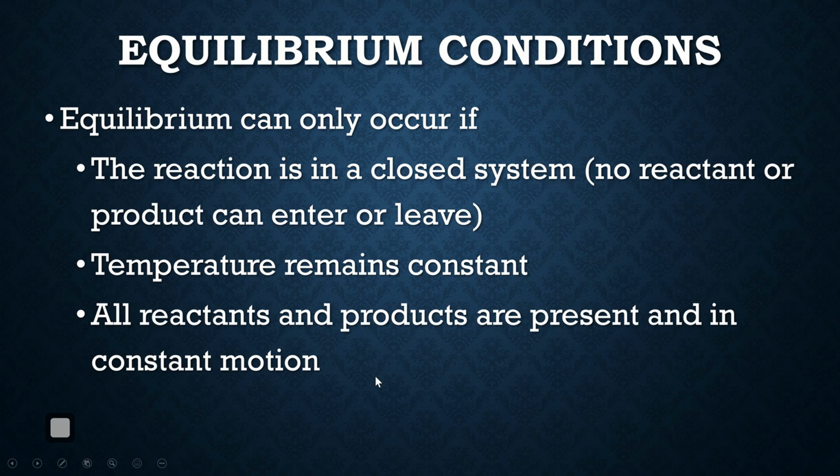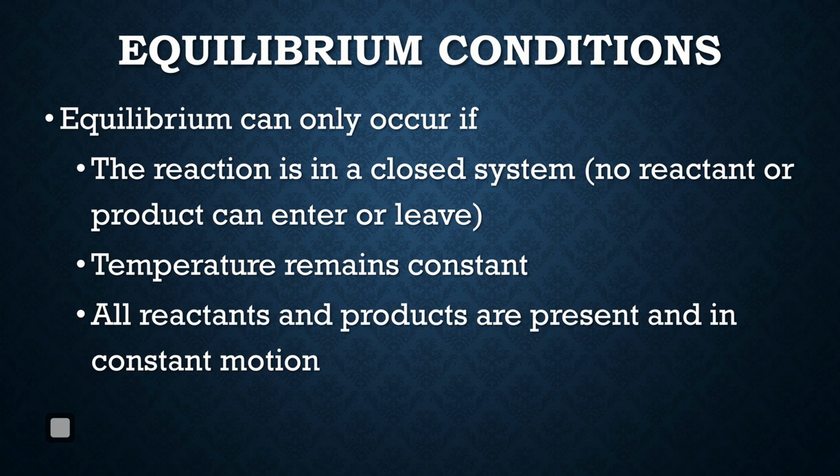The temperature must remain the same. We're going to see temperature is one of those, I'm going to quote unquote say forces. It's not a force because I teach physics. But one of those triggers that can make the reaction move left or right depending on what the temperature is. So we have to keep that constant.